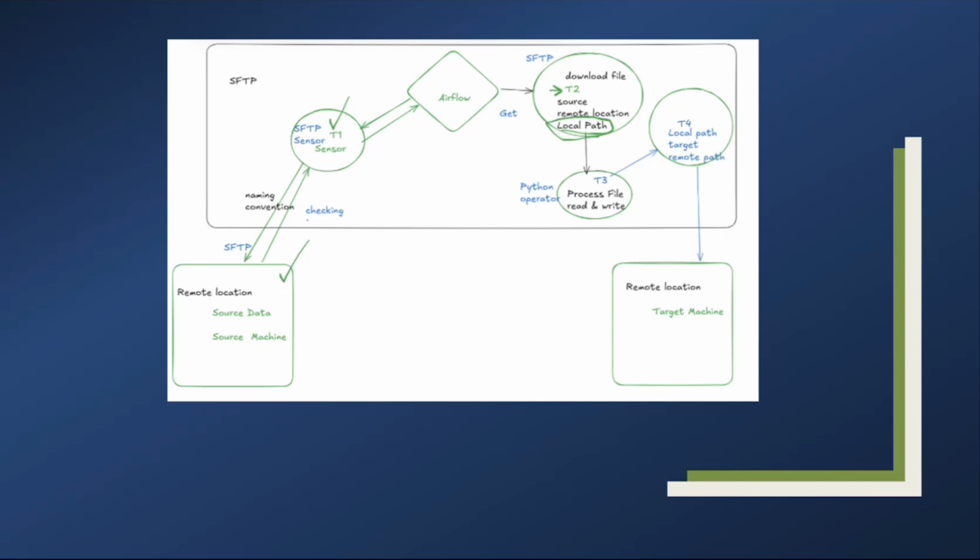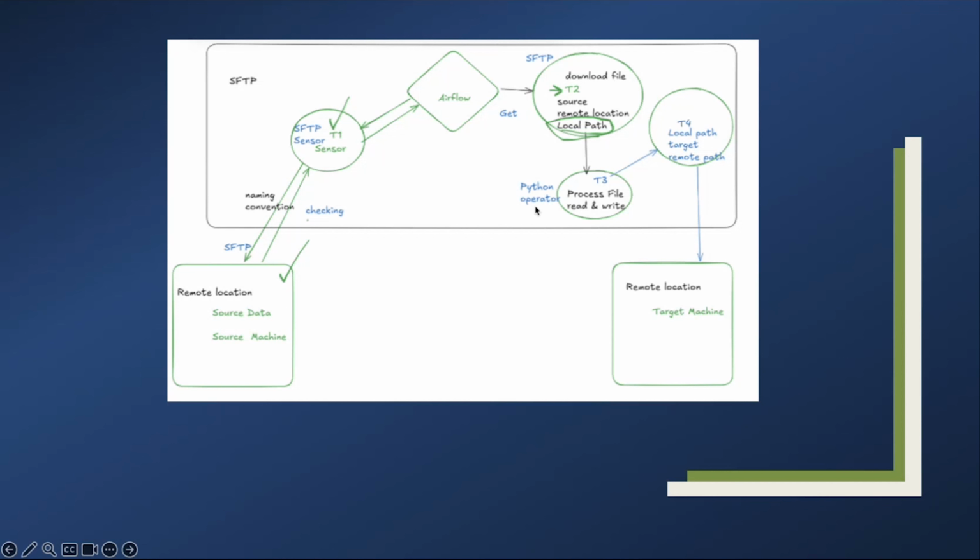When you see this flow, this is the overall flow. We have a remote location, which is the source location, with source data and source machines. SFTP sensor task one is checking your data. Once it's checked, Airflow will trigger the SFTP operator job. It is going to get your data from the source and then process it.